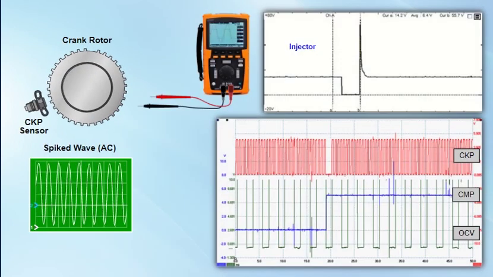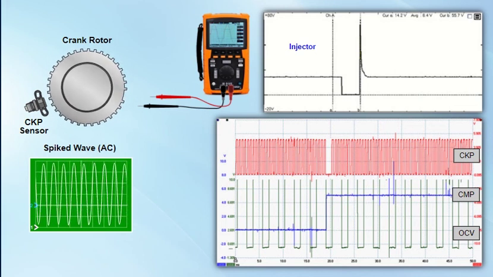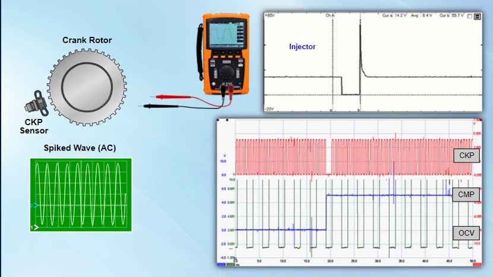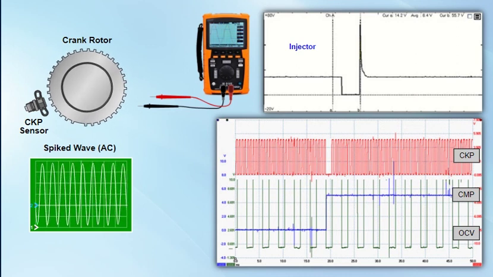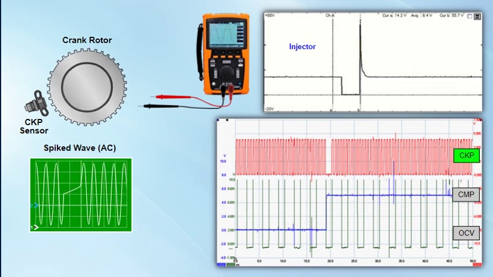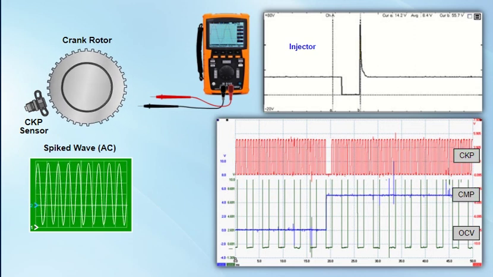Some sensor circuits cannot be easily diagnosed with a DMM. Digital signals, duty cycle, and pulse width modulated signals are all easier and more accurate to interpret using an oscilloscope rather than a digital multimeter. For example, you can compare oscilloscope patterns of CMP or CKP signals to known good waveforms as shown in the service literature.